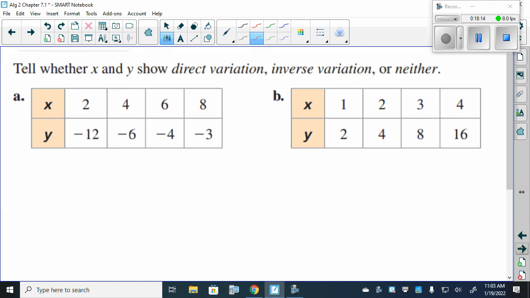Okay. Now our next type is looking at a chart. So they give us a chart of numbers, and we want to determine whether they are direct, inverse, or neither. Now we have been given 2 equations for direct and inverse variation. Because direct variation comes in the form of y equals a times x, where a is just a constant term. Yes?